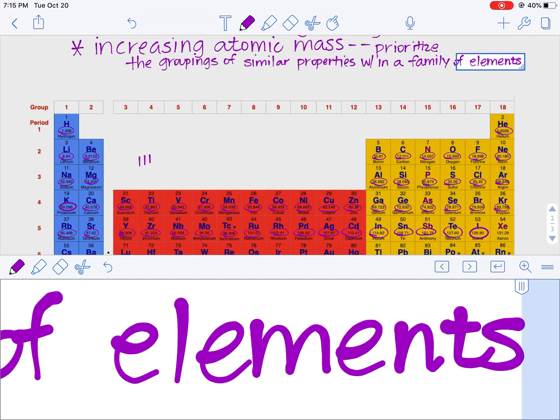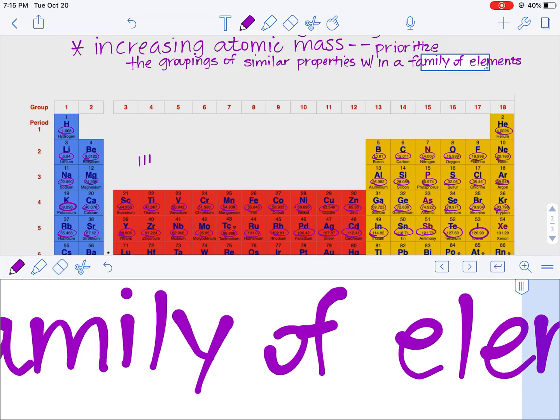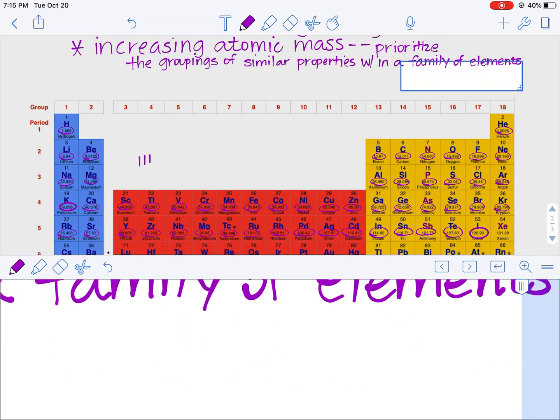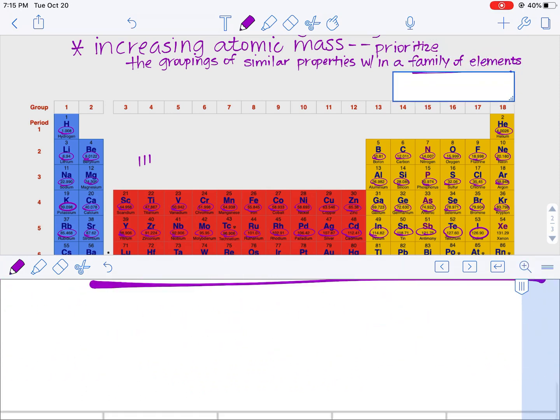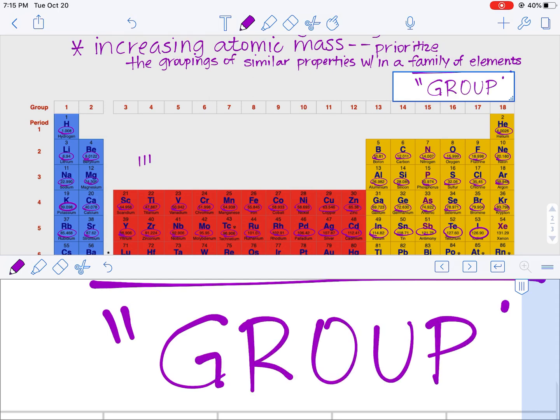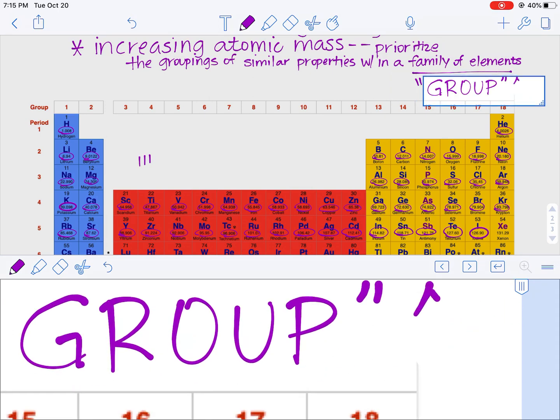So he recognized that some of the elements went out of order if we focused on the atomic mass values. And he said, that's okay. I'm going to put them out of order because when I look at this family of elements, and that is what's called a group. And groups on the periodic table go in this column or up and down direction.